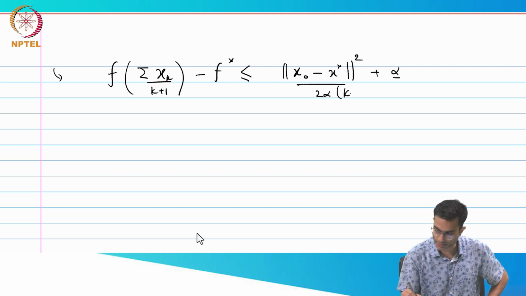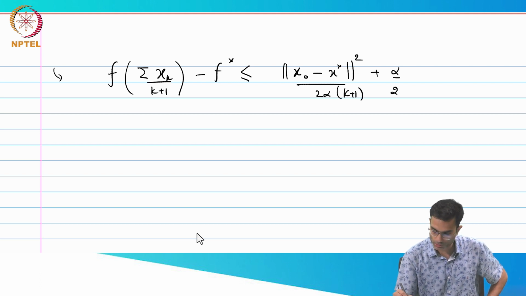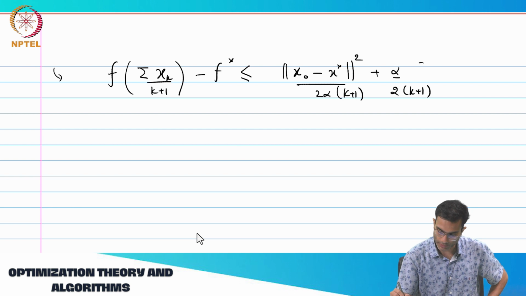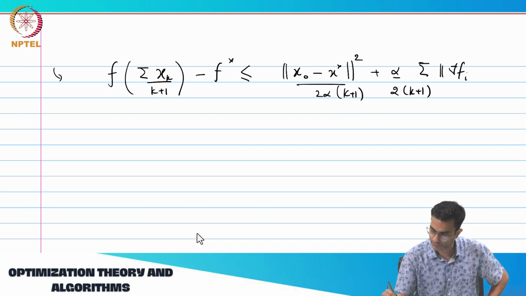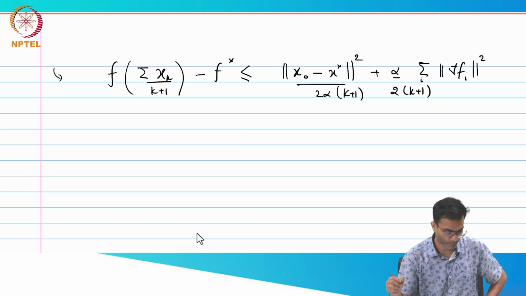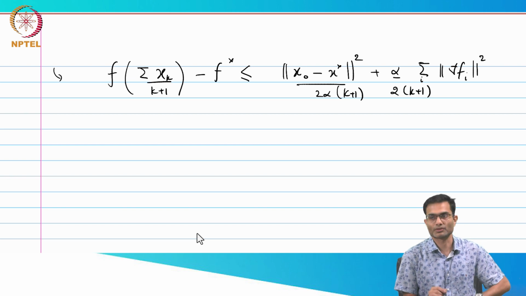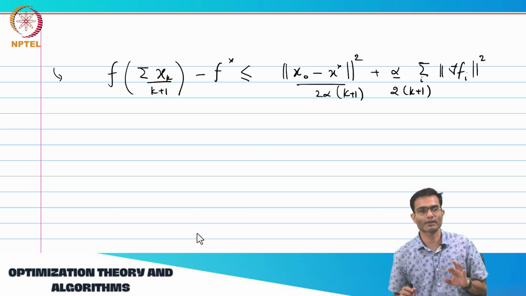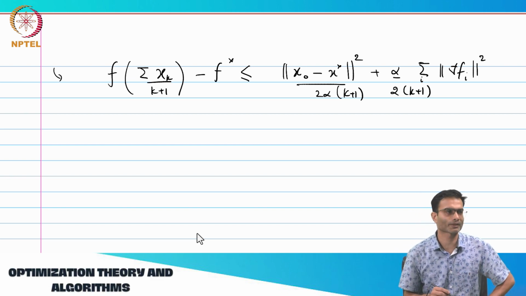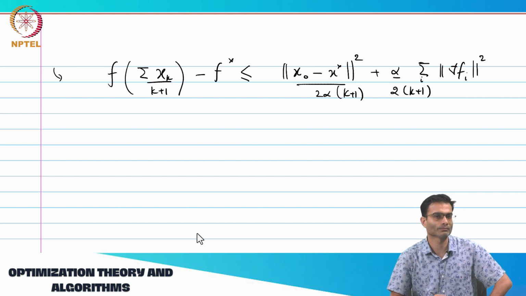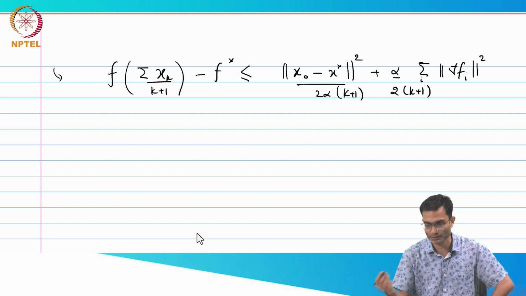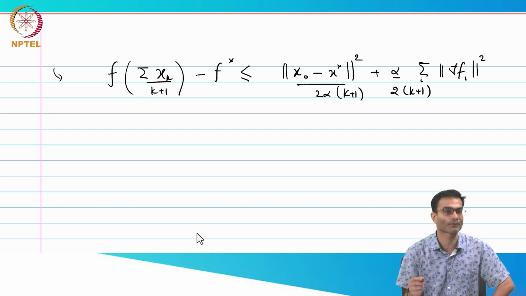So this is going to be k plus 1, 2k plus 1, and I have a summation of grad f i squared. So this is actually the final step of our somewhat complicated looking convergence proof. And now is where the creative part is in interpreting what I have got.